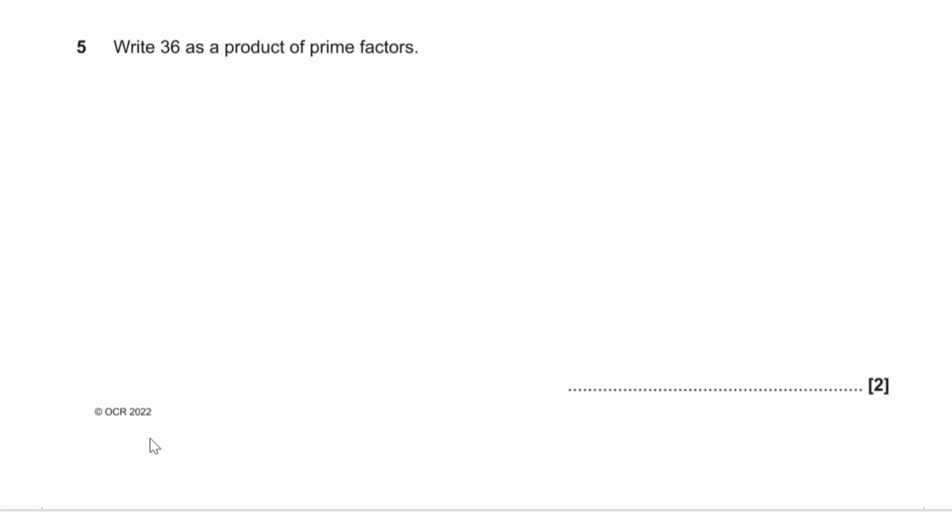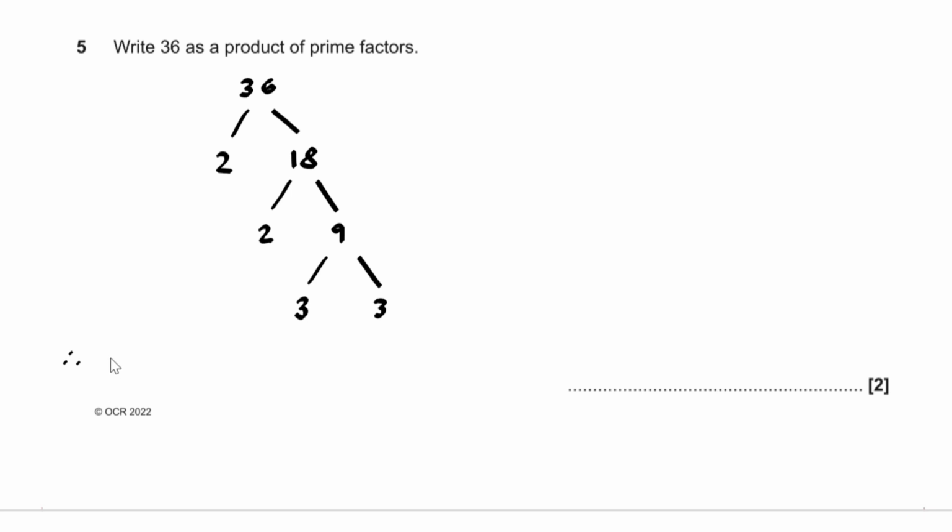Question number 5. We have to write 36 as a product of prime factors. Well, if we start off with the 36, we can split this 36 into 2 times 18. 2 is a prime number, 18 isn't, so we can further split this 18 up as 2 times 9. 2 is a prime number, 9 isn't, so we can further split this 9 up as 3 times 3.